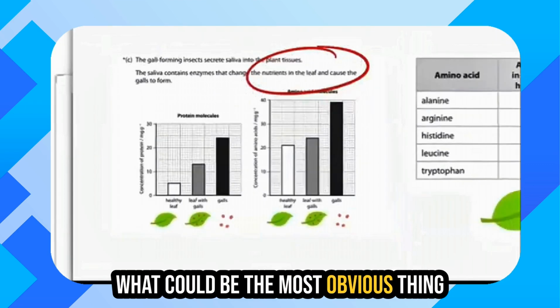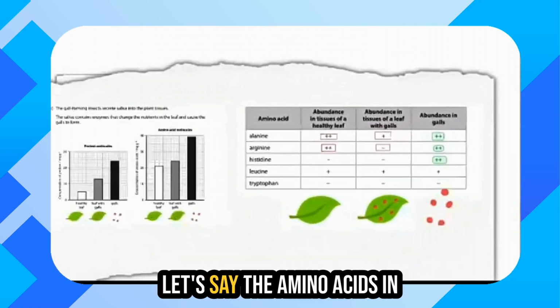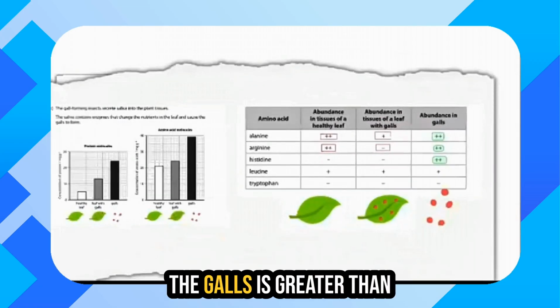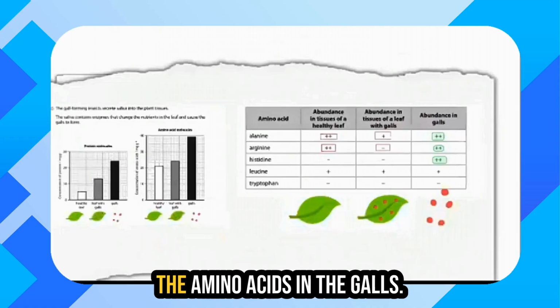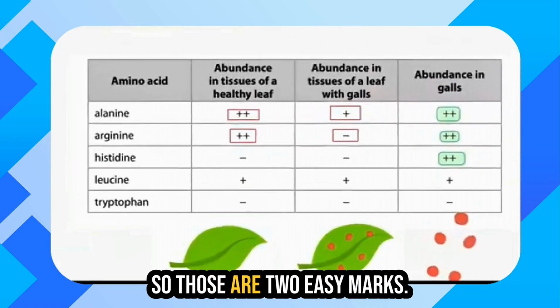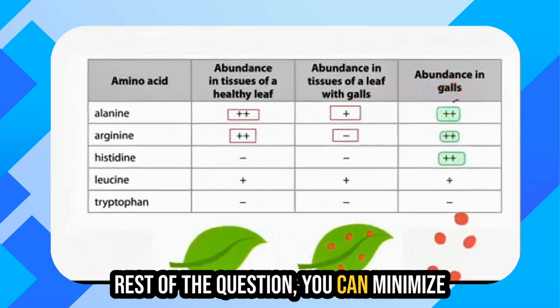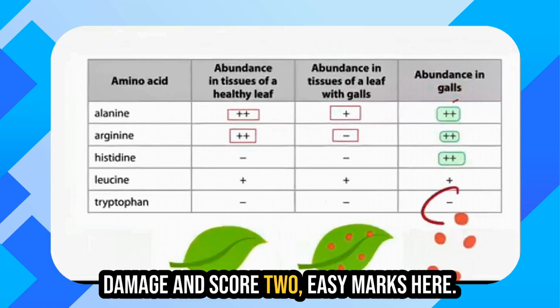What could be the most obvious thing I can say about the other graph? Same thing, right? The amino acids in the galls is greater than the amino acids in the leaf. As simple as that. So those are 2 easy marks. Even if you're not confident with the rest of the question, you can minimize damage and score 2 easy marks here.